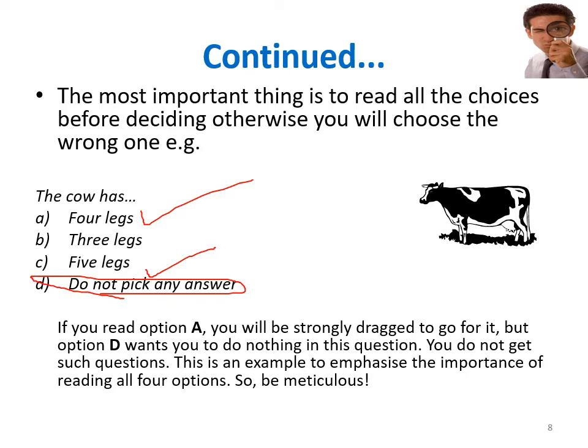So that means that if somebody is trying to check your observation, check your reading skills, then he might give you this type of thing. I remember once I had a class of 30 students, and I gave them a similar type of test, MCQs, which had, I think, 10 or 15 questions.